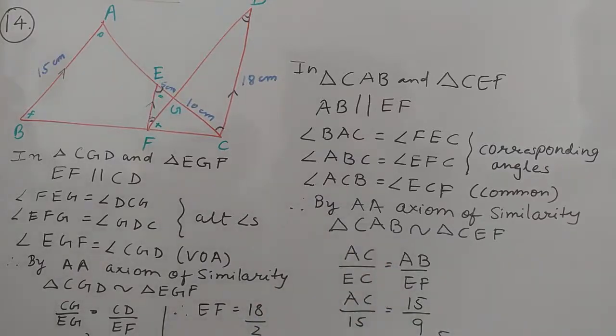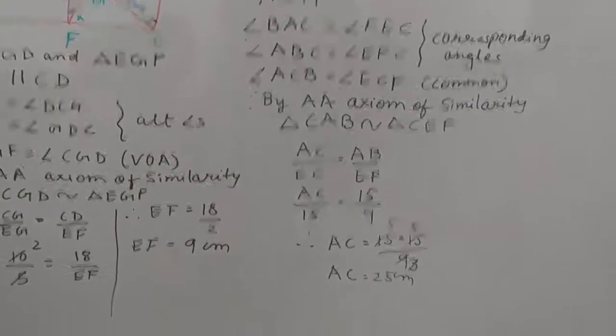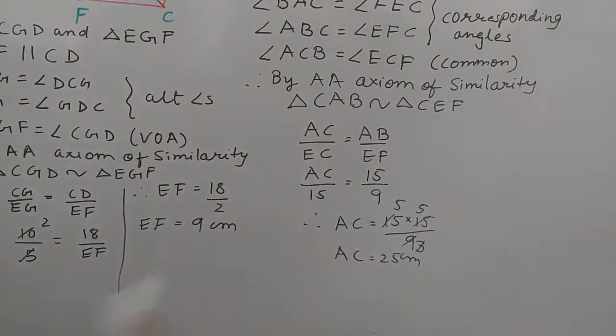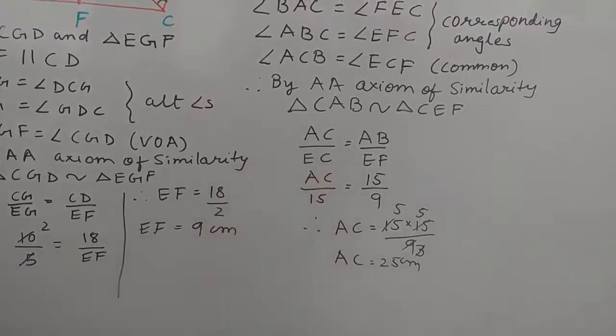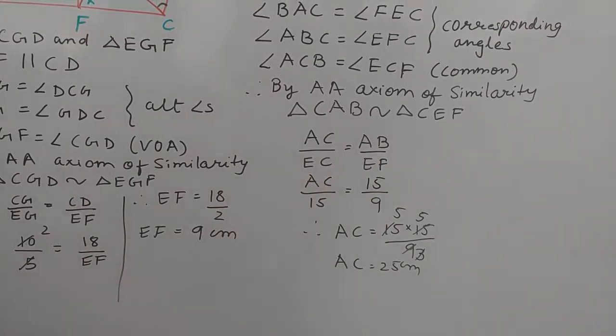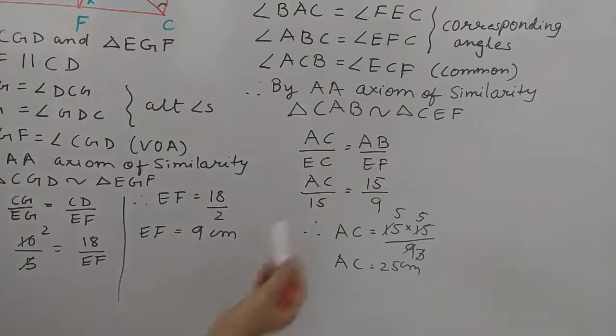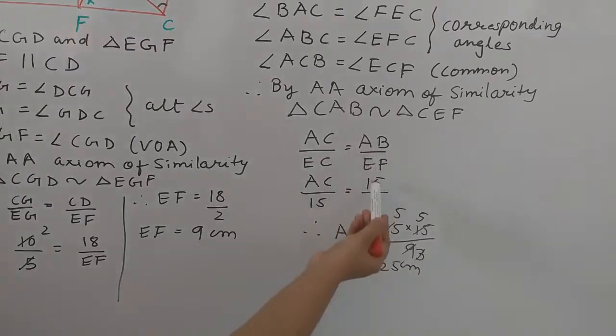Then we want to find the AC value. For that, according to the ratio of these two triangles, I have taken AC upon EC is equal to AB upon EF. So for the AC value, we want EC. EC here is 5 plus 10, so 15. And AB is also 15, given in the question.